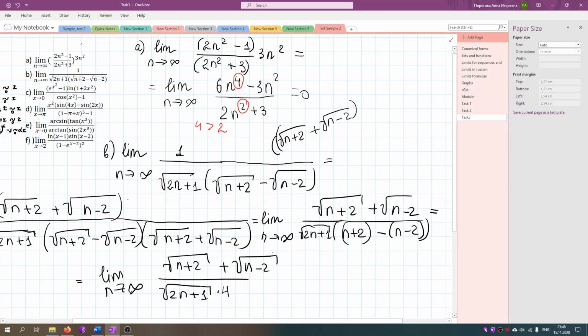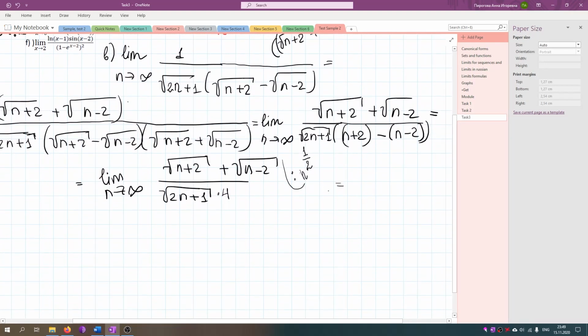Our next step will be to divide by the highest power of the numerator and denominator. As we have square roots here, the highest power of the numerator and denominator is n to the power of 1/2, and we will divide our whole expression by it.